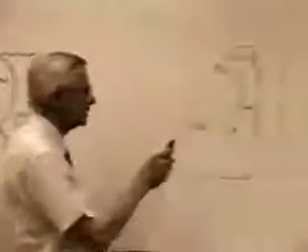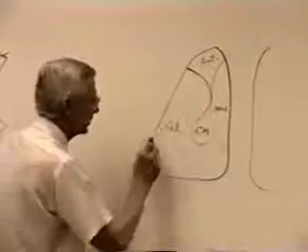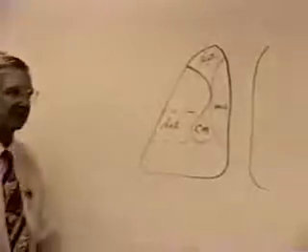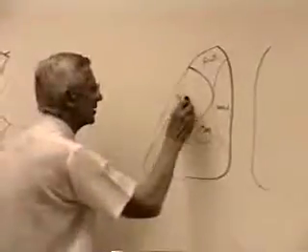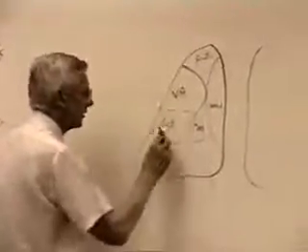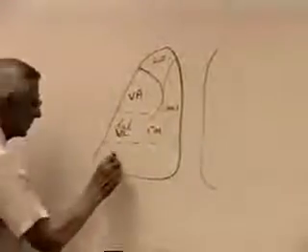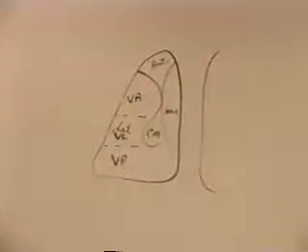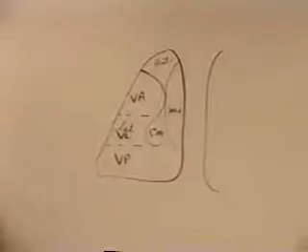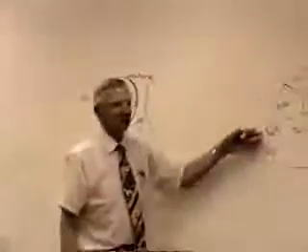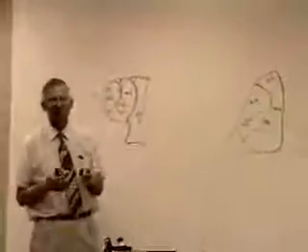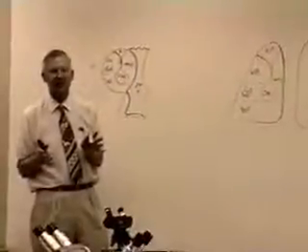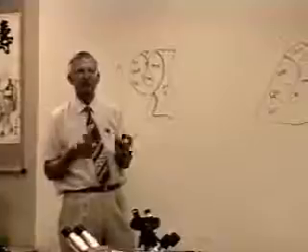Because it is divided in relation to the center median nucleus into a VA, anterior, a VL, lateral to it, and a VP, posterior to it. These will become important because they're going to be the major relay nuclei of the thalamus for one system or another.